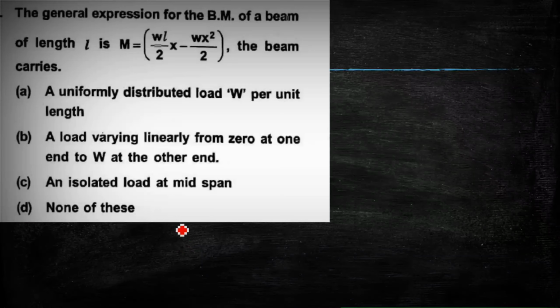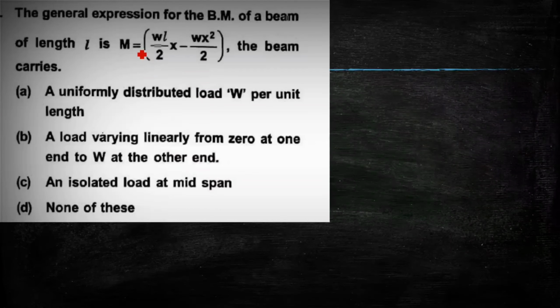Next question we have, the general expression for the bending moment of a beam of length L is M equal to WLx by 2 minus Wx square by 2. The beam carries option A, uniform distributed load W per unit length, option B, a load varying linearly from 0 at the end to W at the other end, option C, an isolated load at the midspan, option D, none of these.